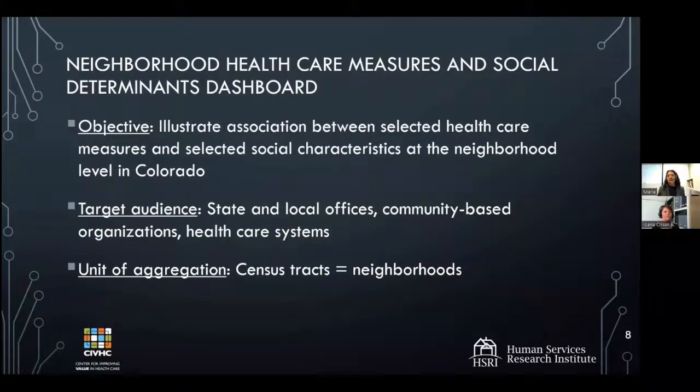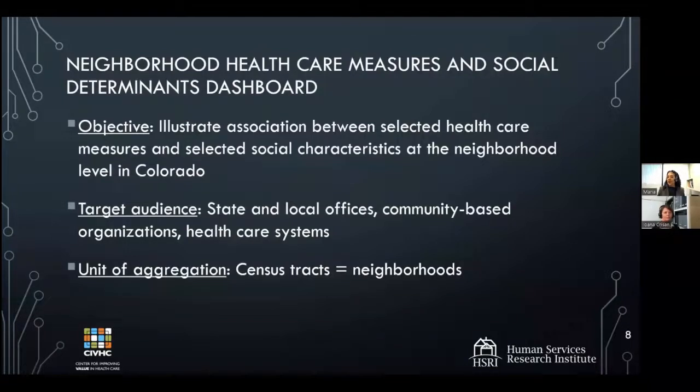This analysis will be a dashboard that illustrates the association between selected healthcare measures and selected social characteristics at the neighborhood level. The target audience is state and local offices and healthcare systems, and the unit of aggregation we chose is census tracts, which we call neighborhoods.